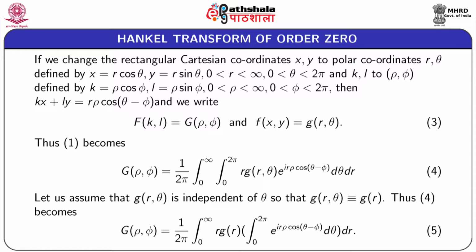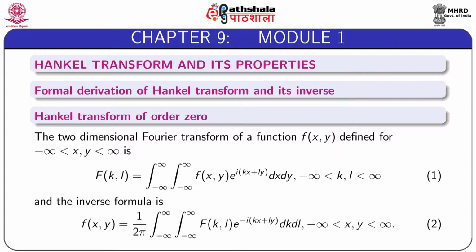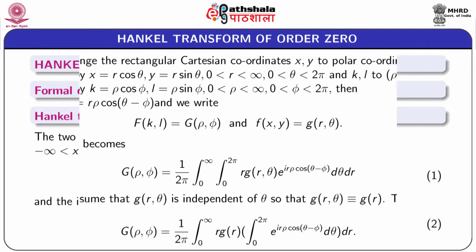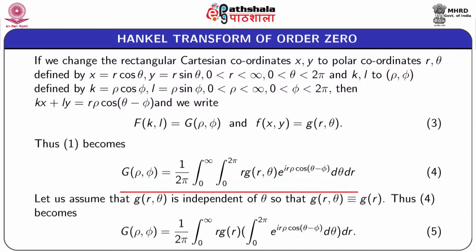So, with this change equation 1 becomes capital G(rho, phi) equal to 1 by 2 pi double integral with respect to theta and r, where the r integral is from 0 to infinity, the theta integral is from 0 to 2 pi, r g(r, theta) e to the power i r rho cos(theta minus phi) d theta dr, as given by equation 4.